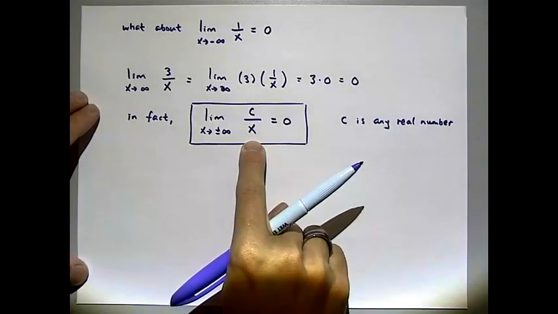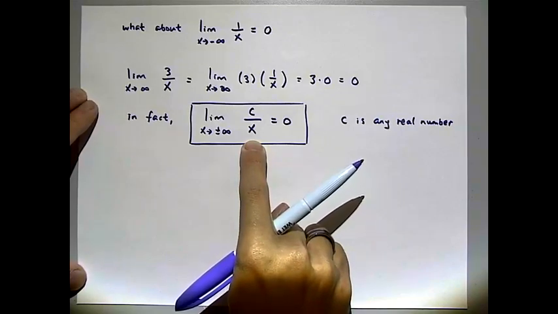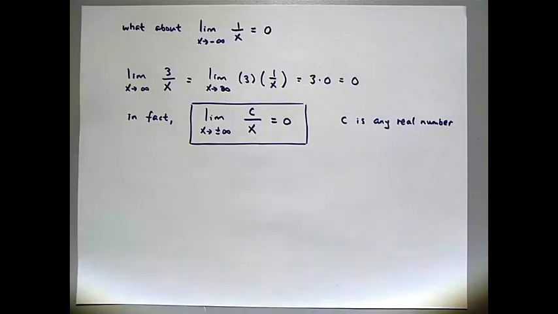What if I raise the power of x to 2? What changes? Yeah, exactly. The denominator still becomes very big. In fact, it gets a lot bigger faster.